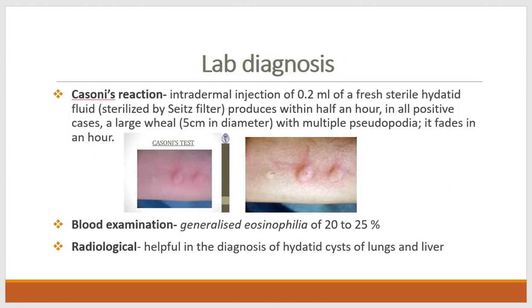In the lab, for detection, Casoni's test is done. Intradermal injection of 0.2 ml of fresh, sterile hydatid fluid sterilized by Seitz filter produces within half an hour, in all positive cases, a large wheal 5 cm in diameter with multiple pseudopodia, and this fades in an hour.